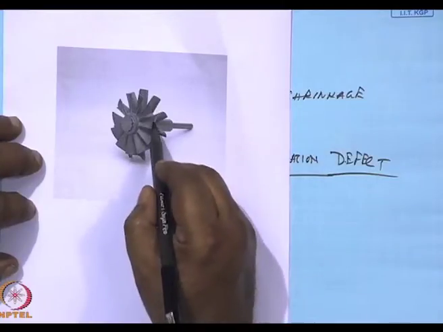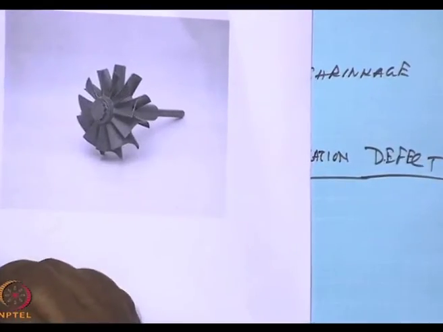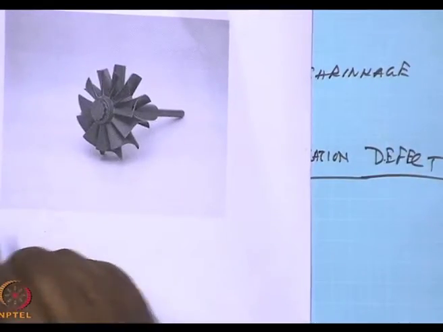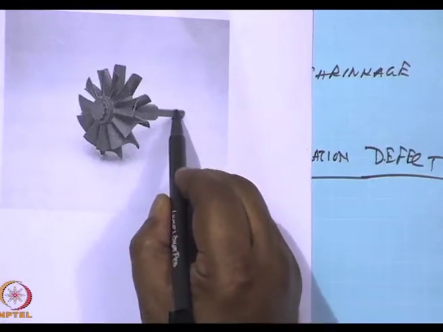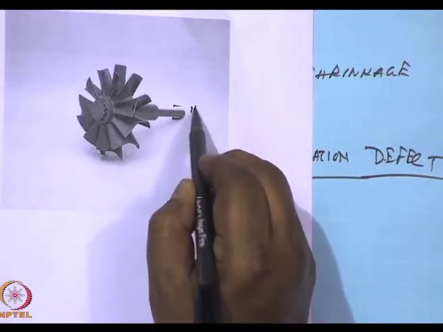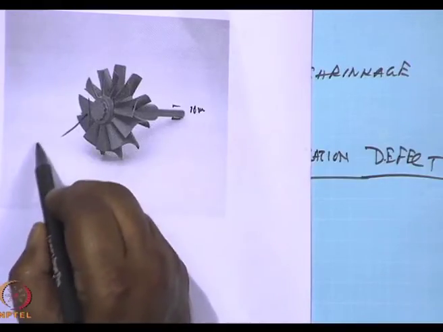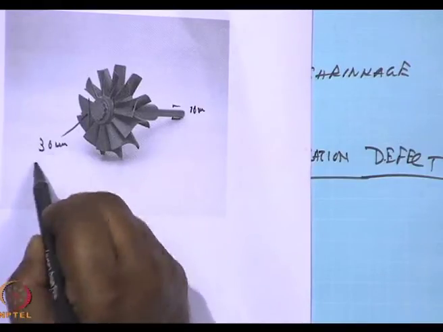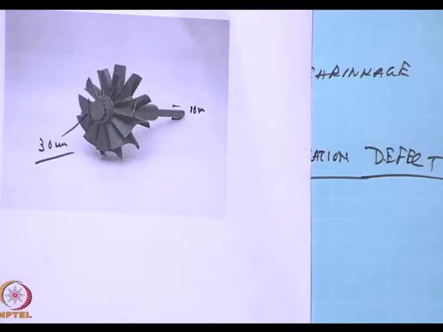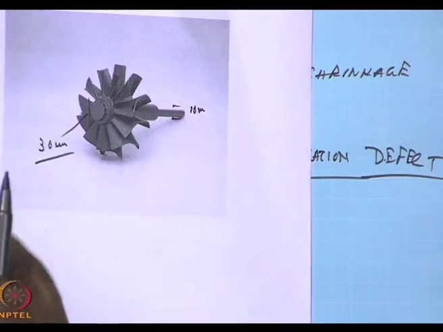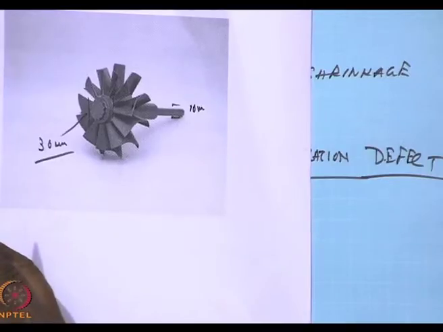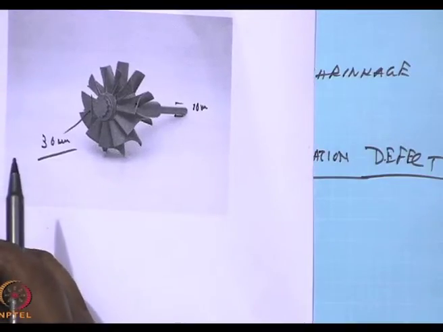Secondly, as I said, look at the thin. This one is hardly 1 millimeter. This one is around 10 millimeter, and this is about 30 millimeter. If this is injection molded, then the first question comes, from which side was it molded?